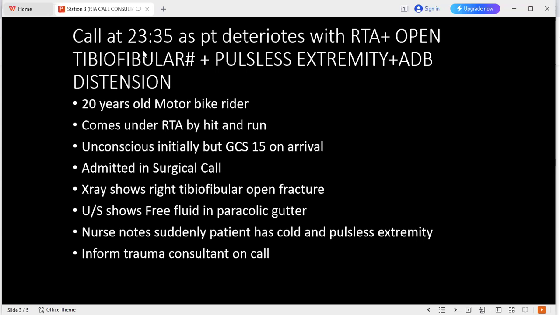Call at this when the patient has arrived. So it's almost the same time, approximately. Yes, you can say, like after your first survey, now you're calling. So how much time do you need for first survey? 5 minutes? Yes.